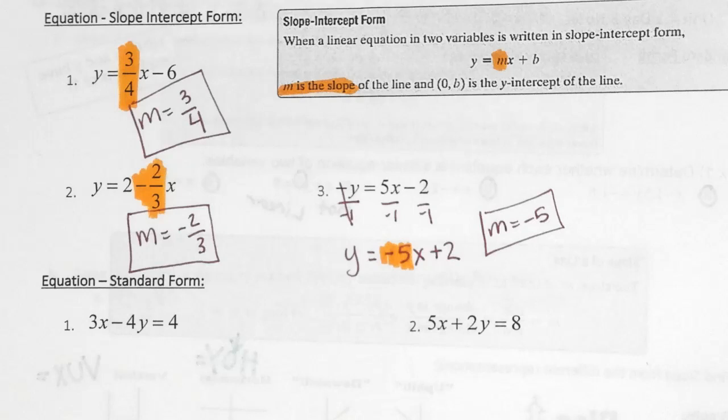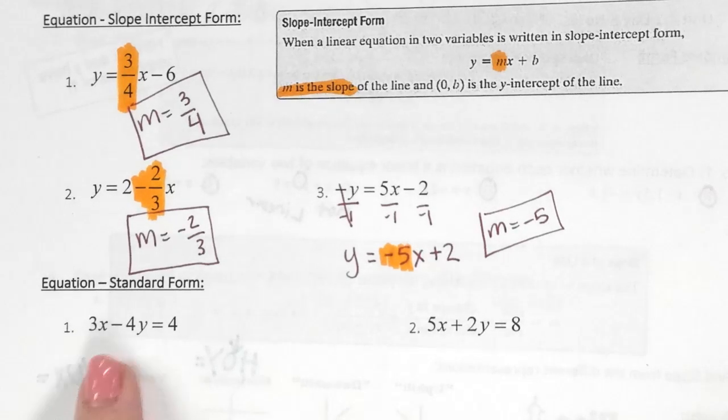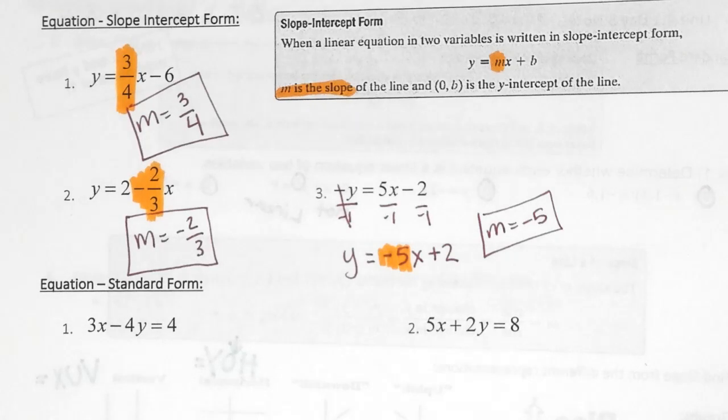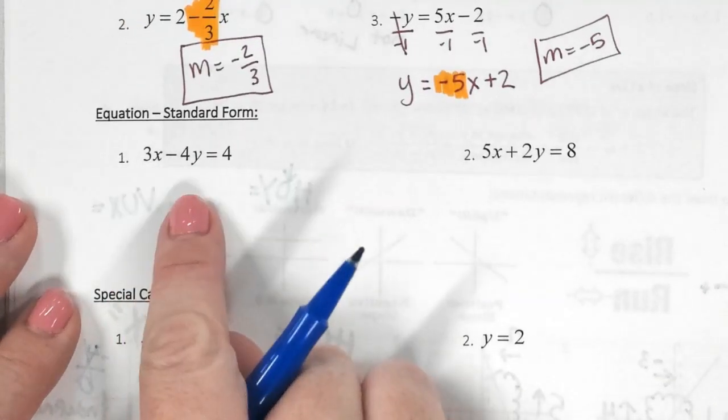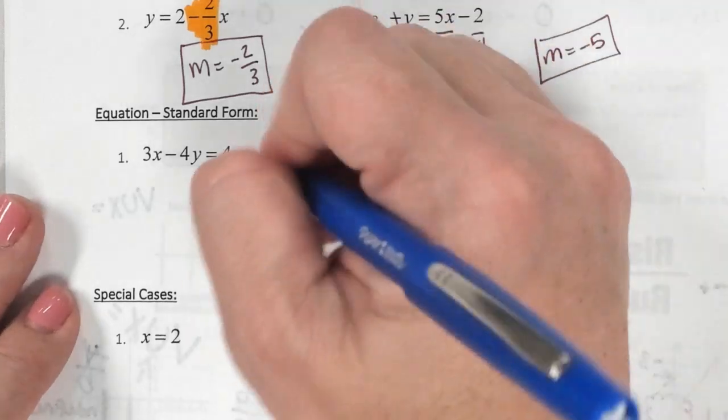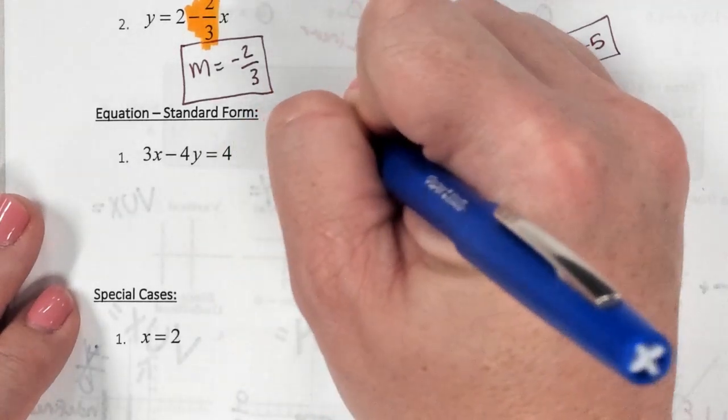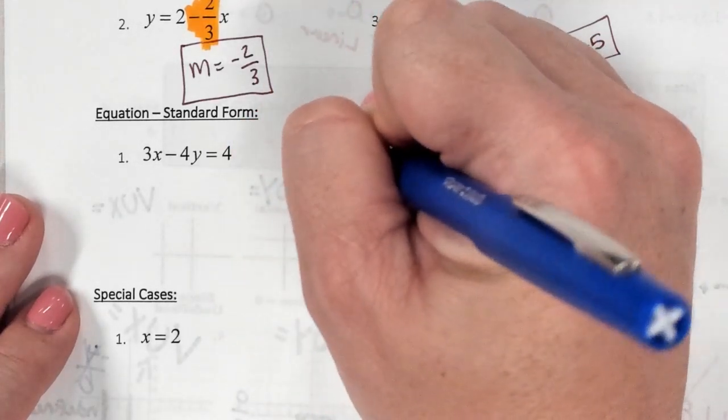Now, if it's easier to put it in standard form by just getting x and y on the same side, I'm going to show you how to find your slope from standard form. So don't let this stress you out. It's actually super simple. When in standard form, remember we said it's ax plus by equals c, right? Well, slope in standard form is opposite of a over b.